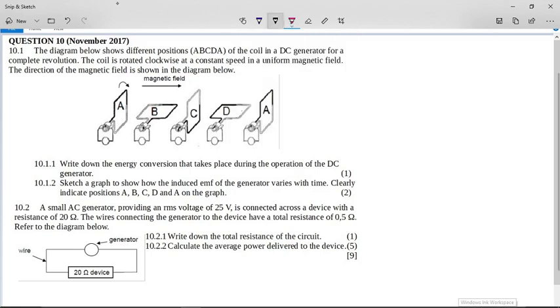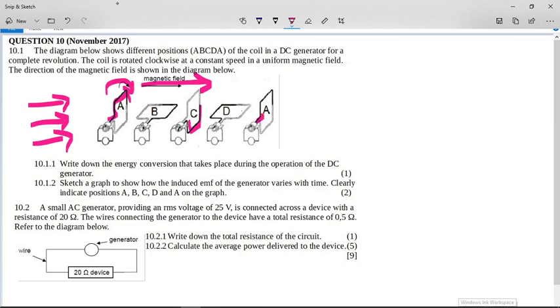So here is the direction of the magnetic field. It is going this way. So we have a whole lot of field lines all going in this direction. And then the coil here, you can see, is turning this way. So vertical, horizontal, vertical. But you can see that this side of the coil was on top, and now at position C, this side of the coil is on the bottom.